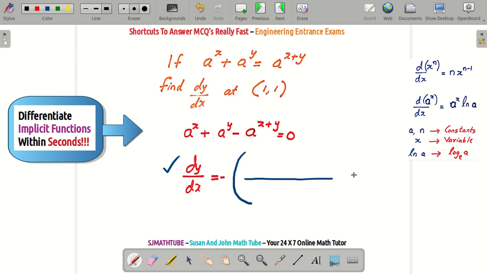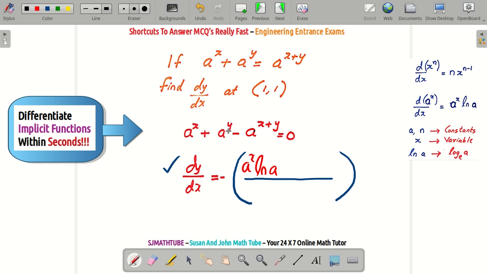So shall we start differentiating? Okay, so tell me, for the numerator you assume x to be the only variable. We differentiate partially with respect to x. So a to the power x. So what's the derivative? A power x ln a.